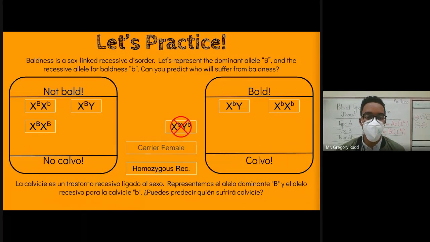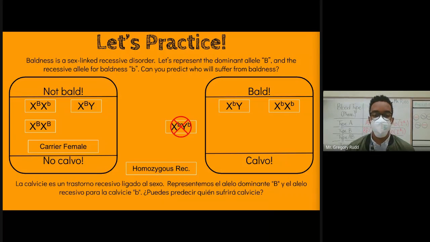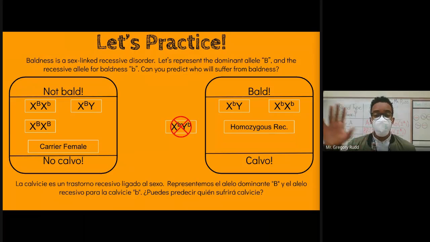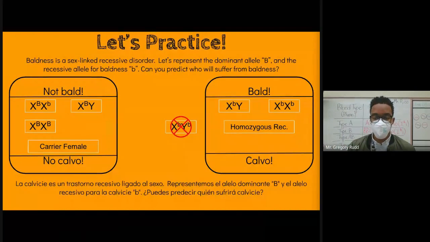Okay, then we already said that the carrier female is not bald. What about homozygous recessive? That person would be bald as well. Good. So both of those two genotypes that are in the bald bucket are homozygous recessive.